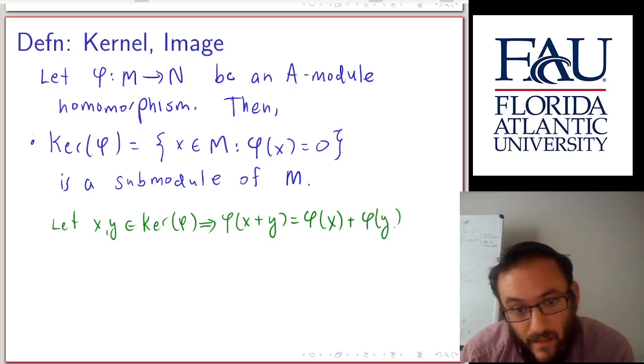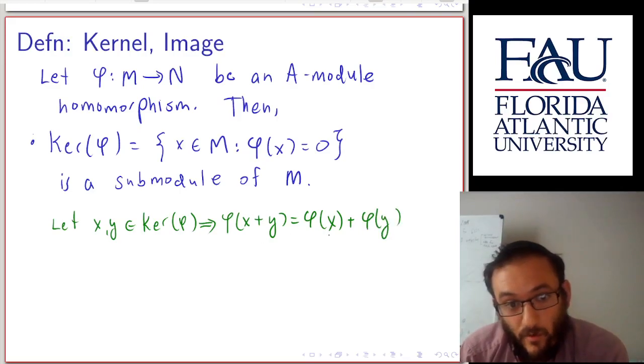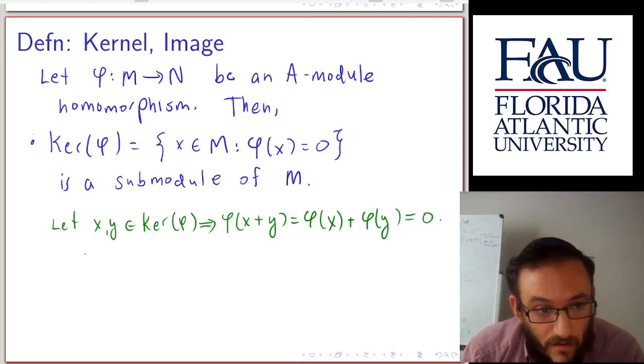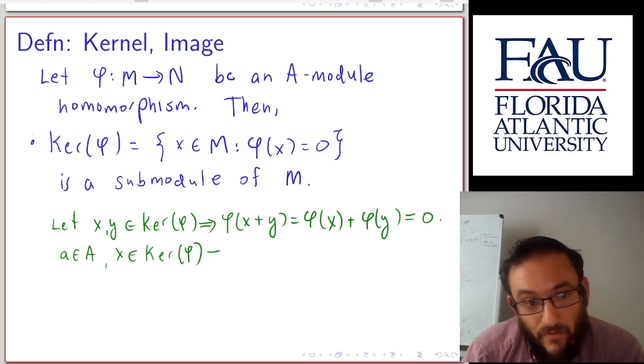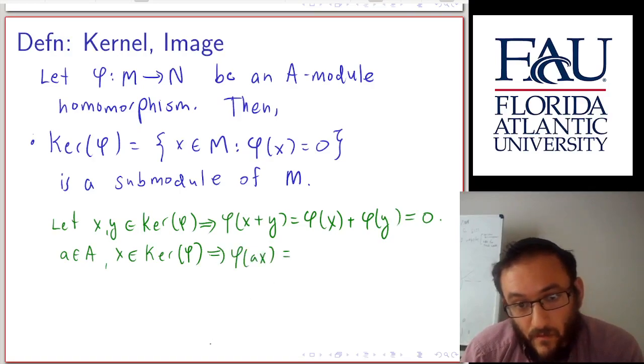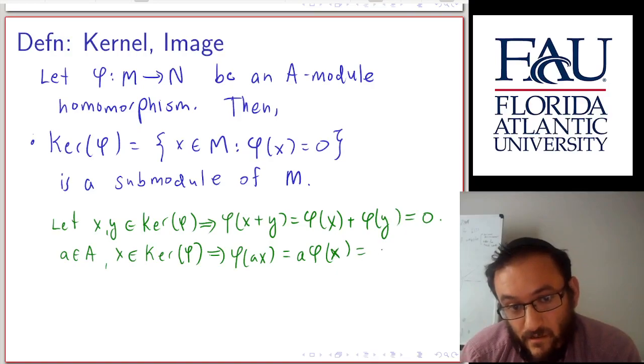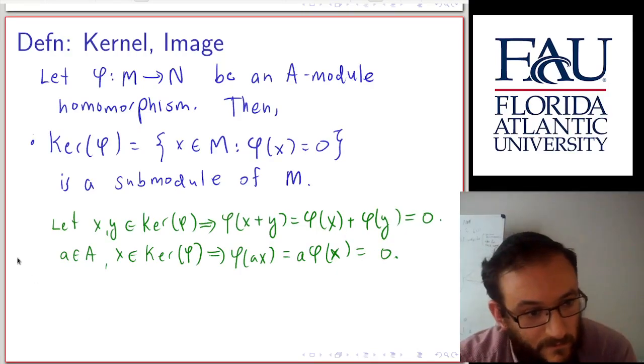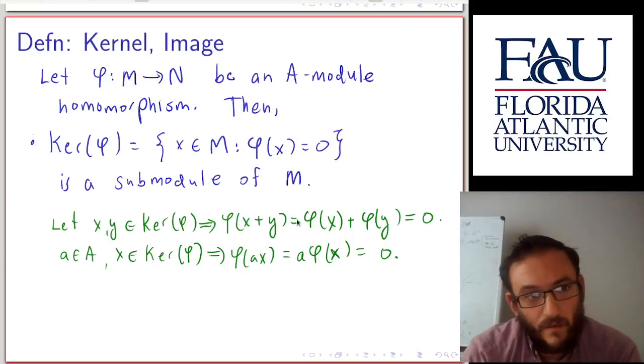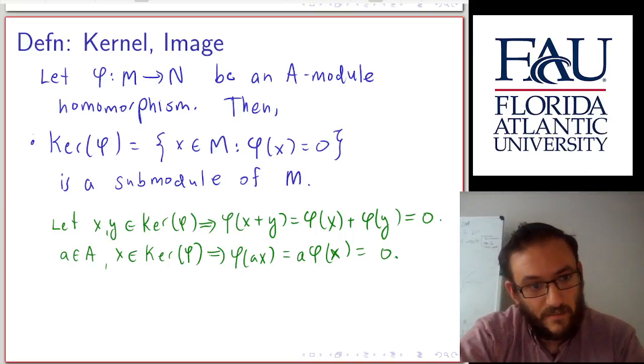But since x and y are in the kernel, they're both mapping to 0, so their sum is also 0. As for a and x in the kernel, phi of ax, by virtue of the homomorphism, is a phi of x. And since that maps to 0 and anything times 0 is 0, that gives you 0.